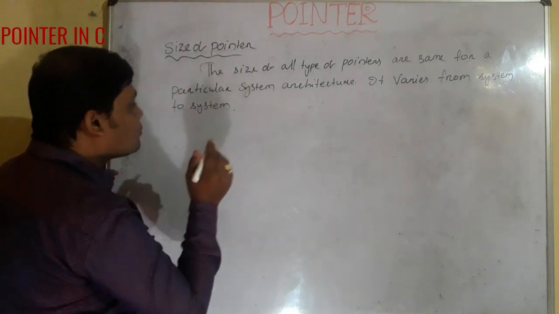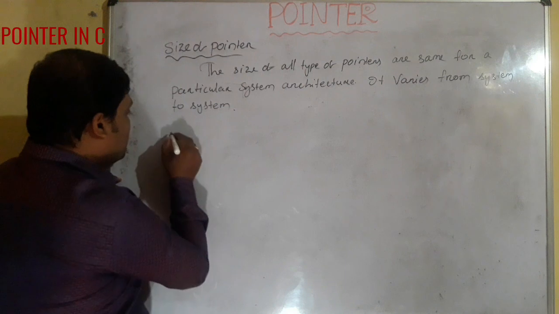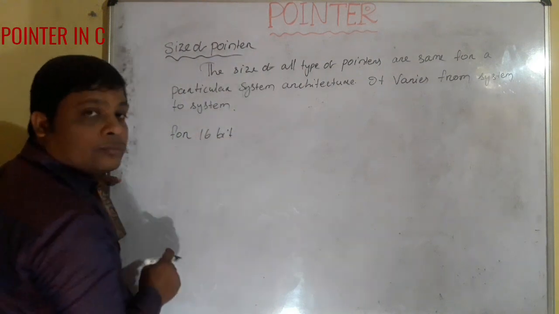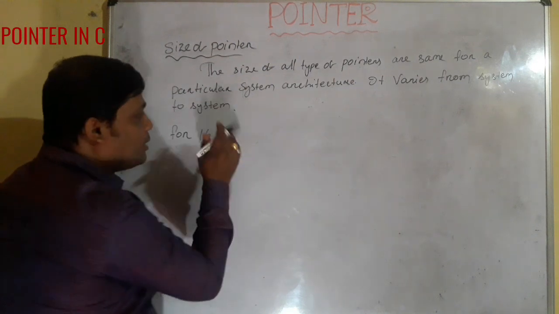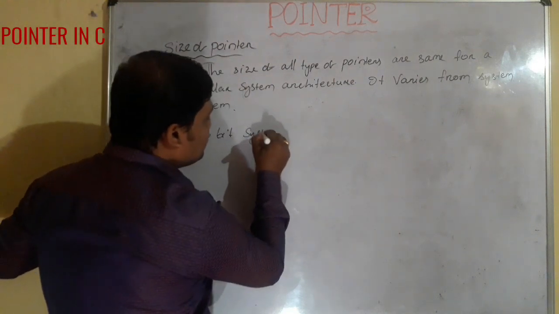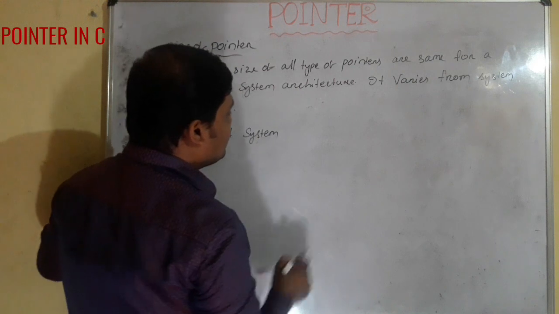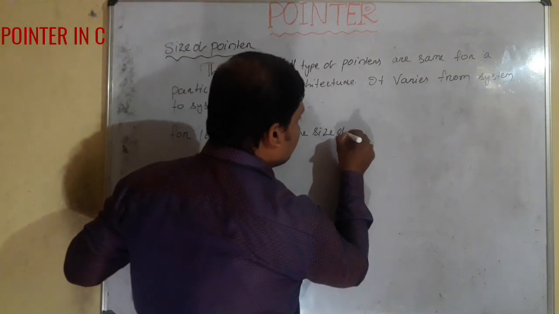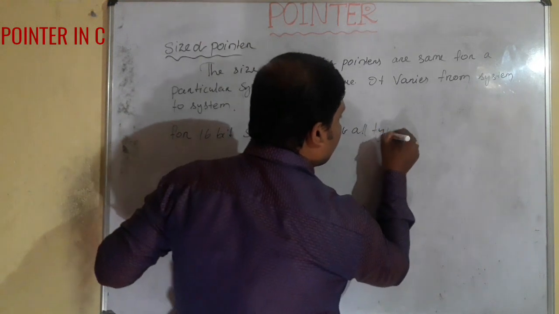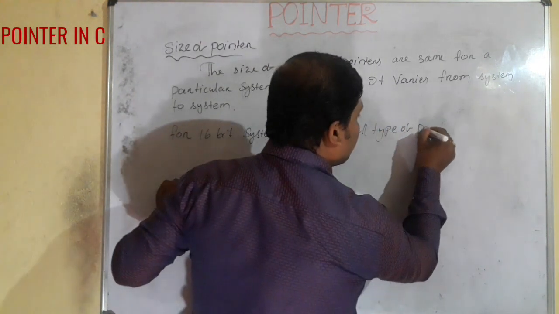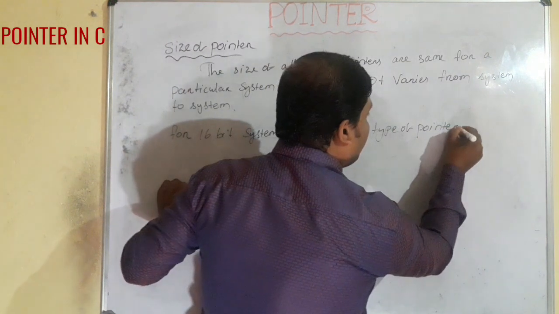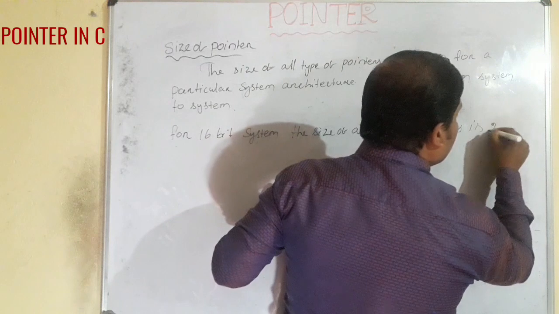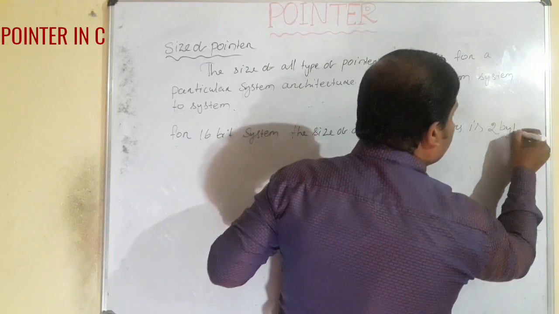Just see, for a 16-bit system, the size of all types of pointers is what? 2 bytes.